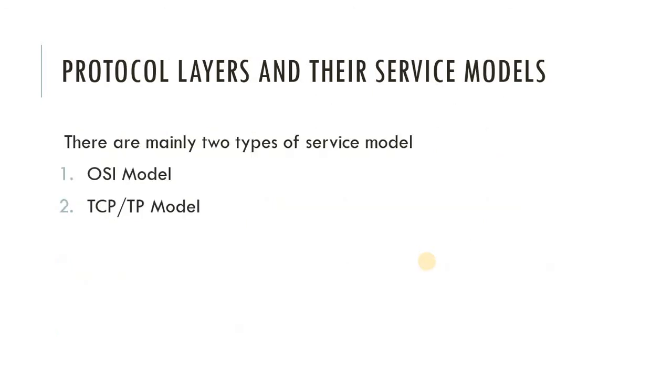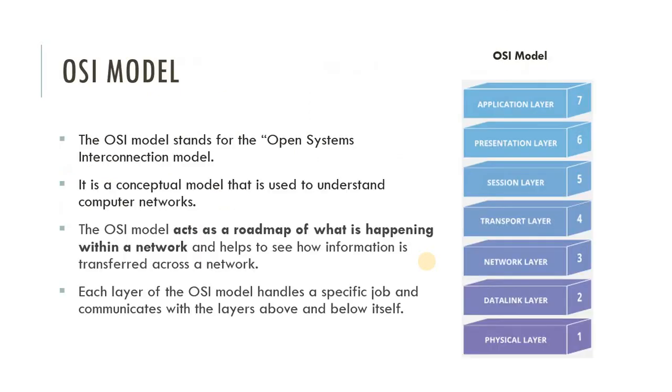Those models are of two types: the OSI model and the TCP/IP model. What is the OSI model? OSI stands for Open System Interconnection model, and it acts as a roadmap of what is happening within a network. By using that model we can implement our core networking.